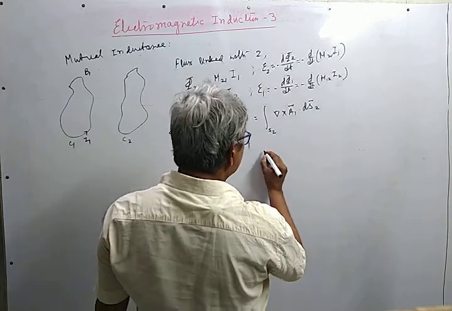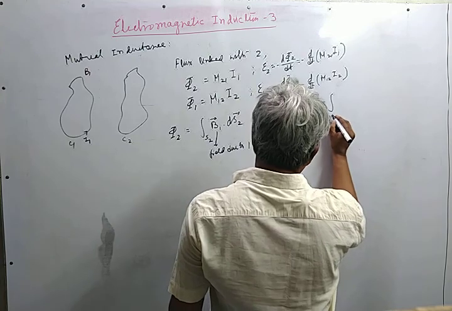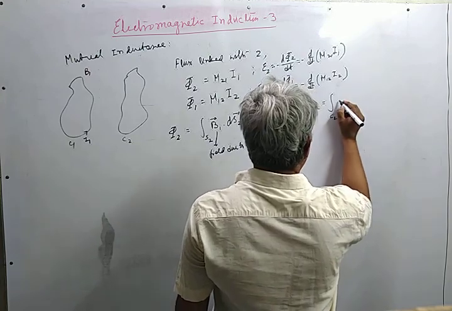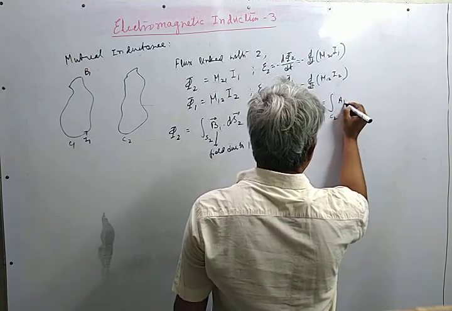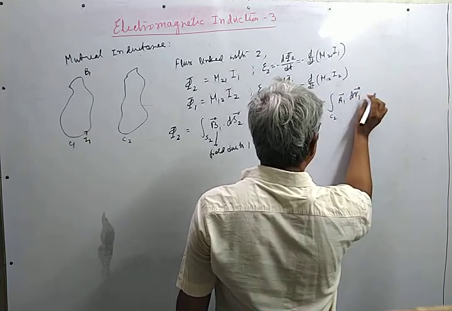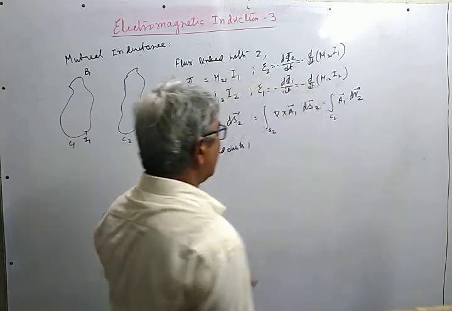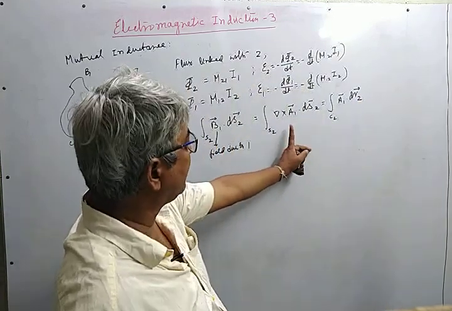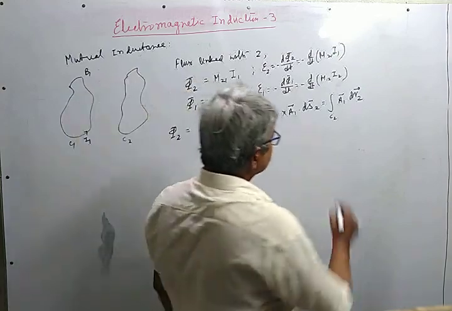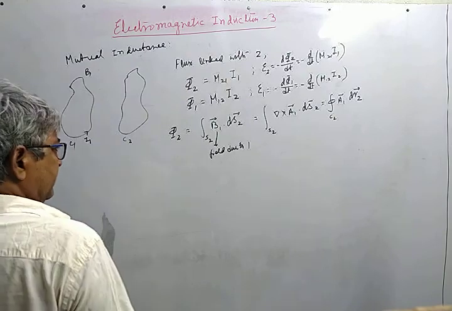So we can use Stokes theorem to write it as integral over C2 of A1 dot dr2. Here we have used Stokes theorem to convert the surface integration into the contour integration. Now what is A1?